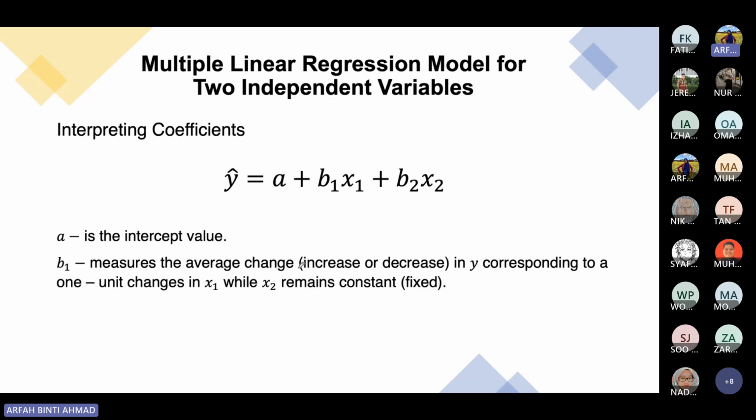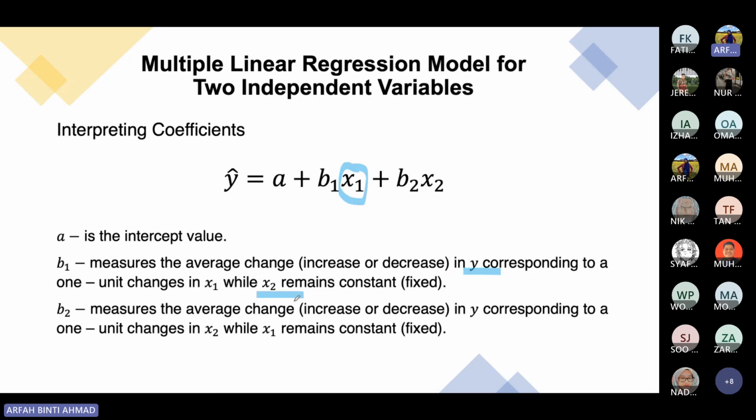B1 will estimate the change in y, provided that x2 remains constant, because b1 is the coefficient for x1, and b2 will be the same. The average change in y corresponding to a 1 unit change in x2, because b2 is the coefficient for x2, while x1 remains constant. So what will be the change that is associated with a 1 unit change of x1 and x2? So this is how you interpret the coefficients. Okay.